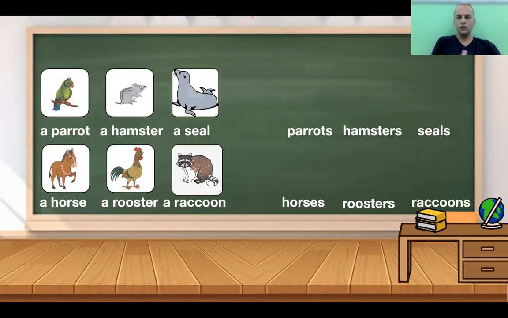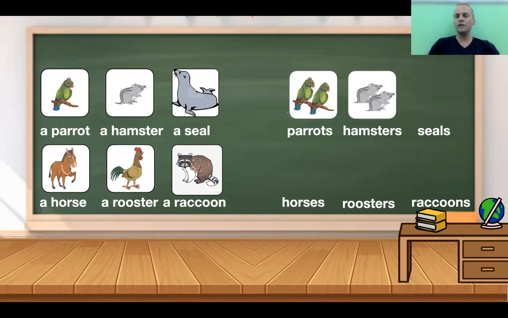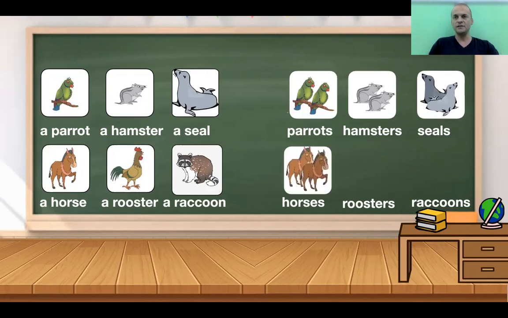Okay, now you've got all of the plural nouns on the whiteboard, and then you can say, boys and girls, how many? And the kids can say, 2 parrots. Boys and girls, how many? 2 hamsters, or whatever it might be. Everybody knows that it's going to be 2, but what you're doing is giving an opportunity to some of the students who didn't have a chance to speak in the previous examples.